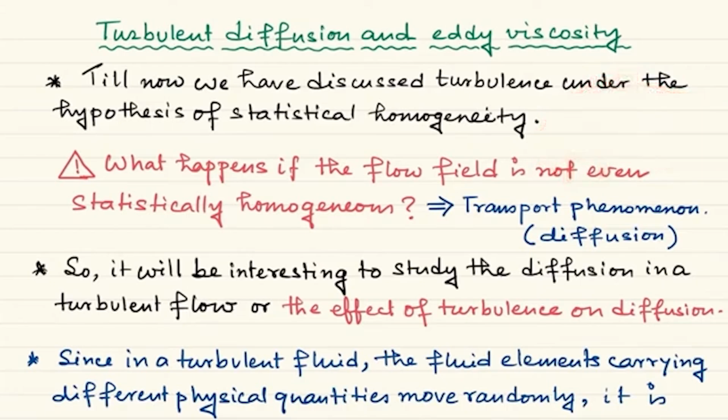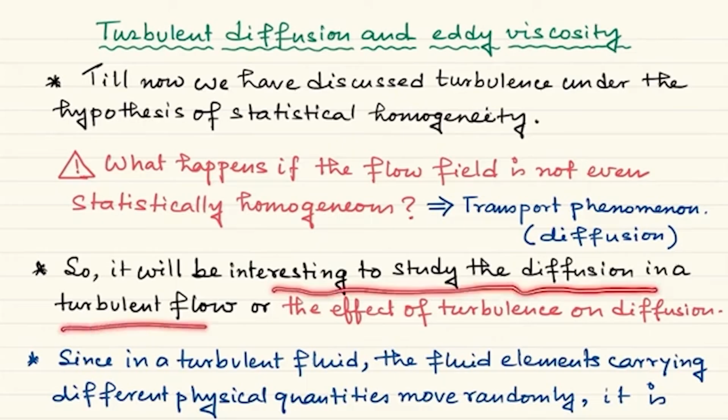Now in this type of situation, from your previous knowledge of transport phenomena, you can expect some phenomena like diffusion, and it will be very interesting to study diffusion in a turbulent flow.